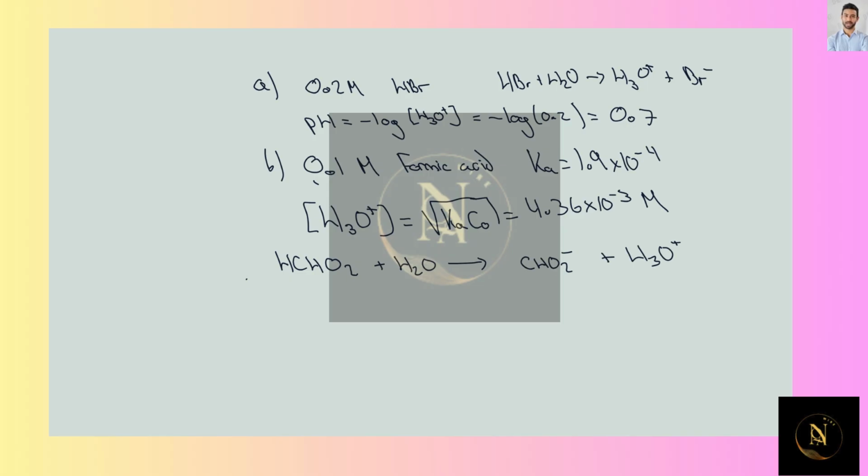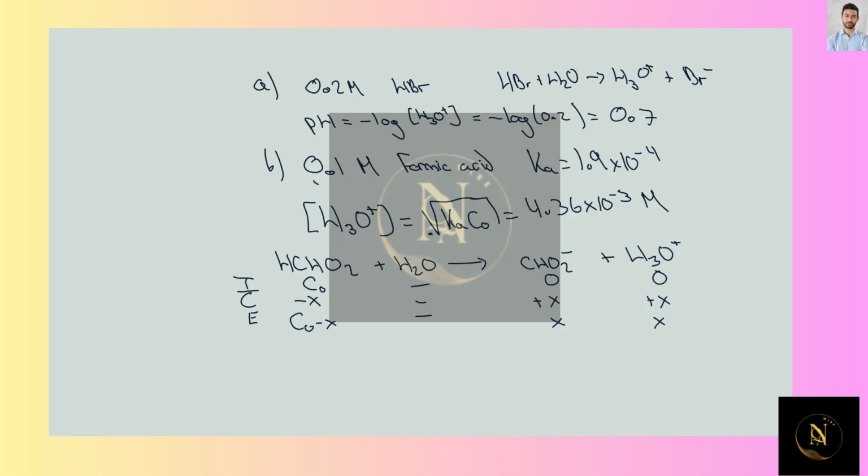Let's say that we have our ice table. Initially, we have C0. Water doesn't matter because it's a pure substance, and we have 0 and 0. The amount of change we're going to call x. So an x portion is going to dissociate. That is going to give us the percent of dissociation. Over here we're going to have plus x and plus x. At the equilibrium we have C0 minus x, x and x.